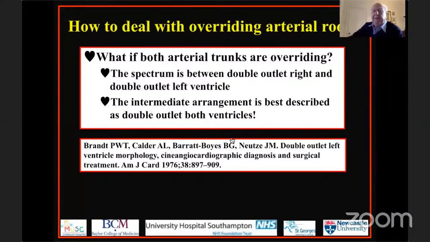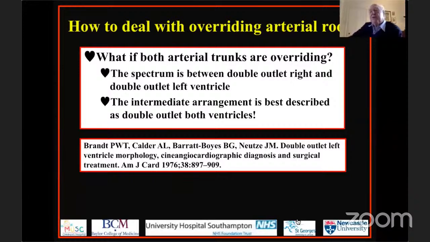And he noted at that time that there was this spectrum between double outlet right and double outlet left ventricle. And in this paper, in which they concentrated on double outlet left ventricle, they suggested that this intermediate arrangement could be called double outlet both ventricles.